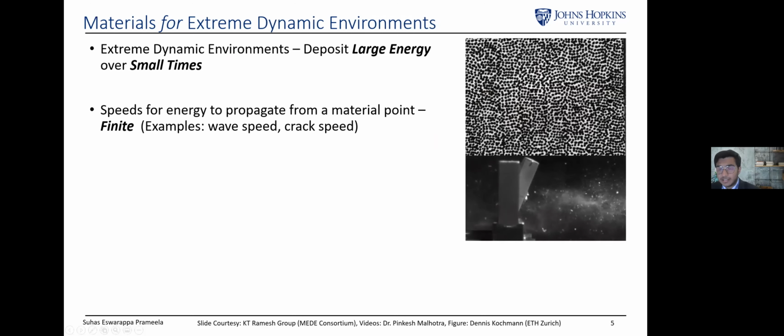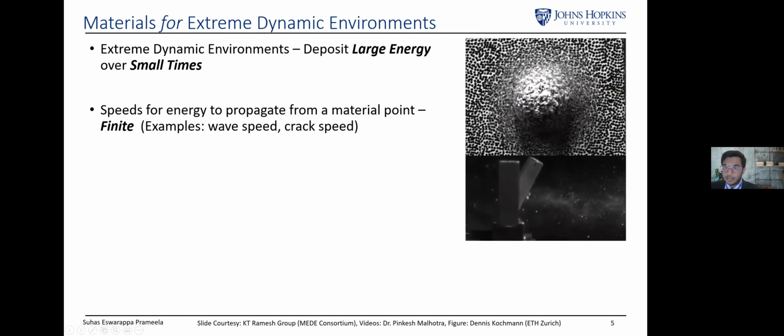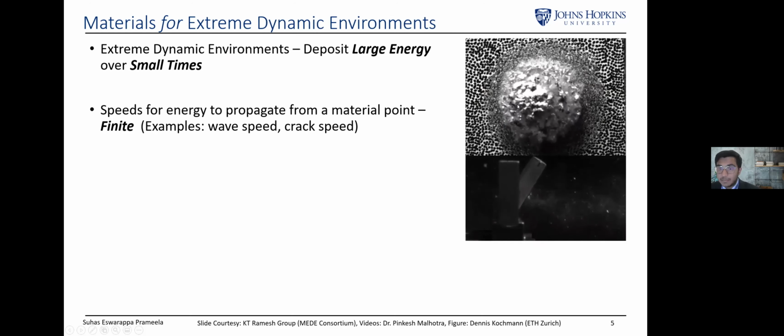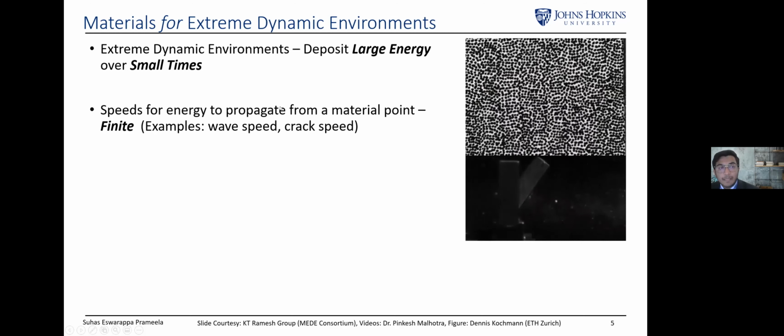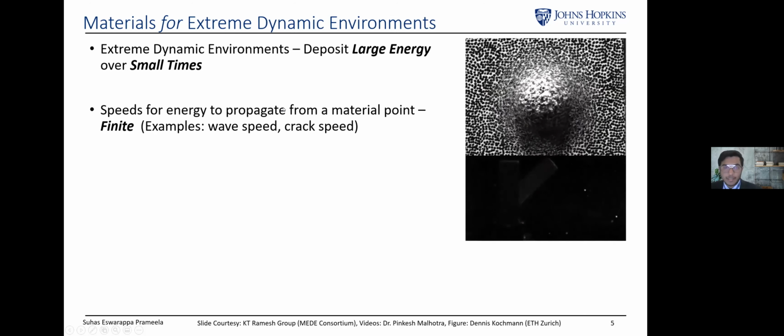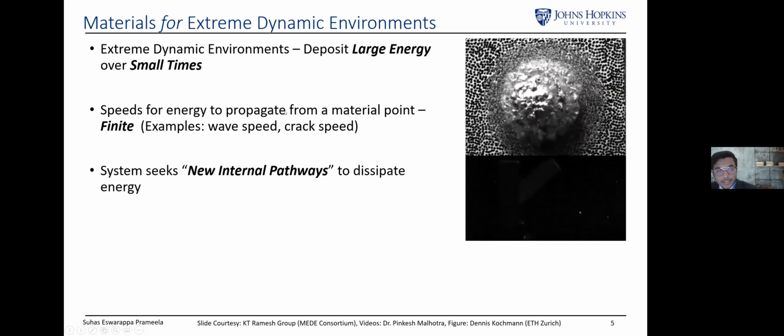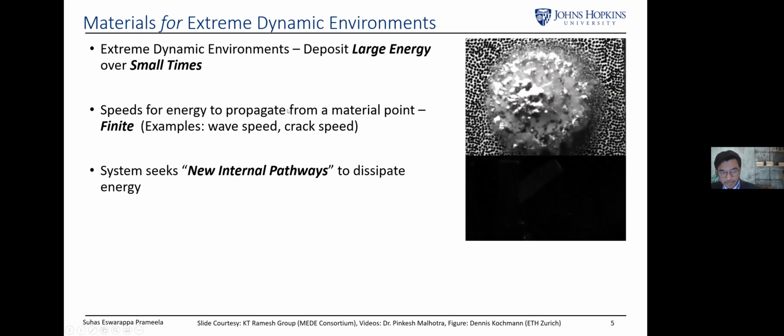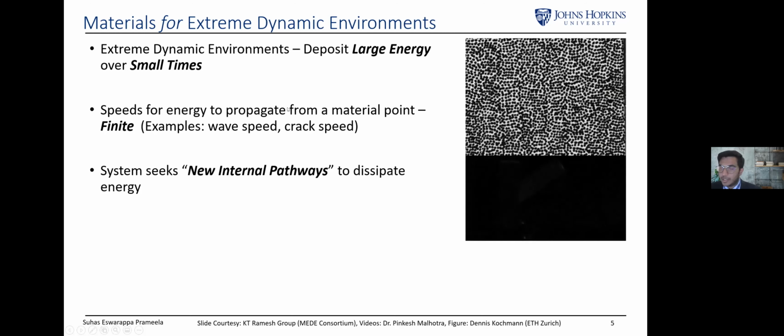Here's an example of a small spherical ball hitting a plate at a very high speed. But the speed at which energy can propagate from a material point is finite. Think about wave speed or crack speed. So the material system seeks new internal pathways to dissipate that energy.